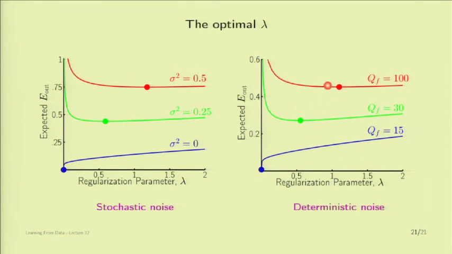As I increase the deterministic noise, I need more regularization. The lambda is bigger, and I end up with worse performance. If you look at these two, that should seal the correspondence in your mind that as far as overfitting and its cures are concerned, deterministic noise behaves almost exactly as if it were unknown stochastic noise. I will stop here, and we'll take questions after a short break.